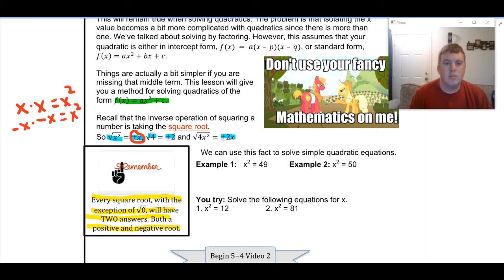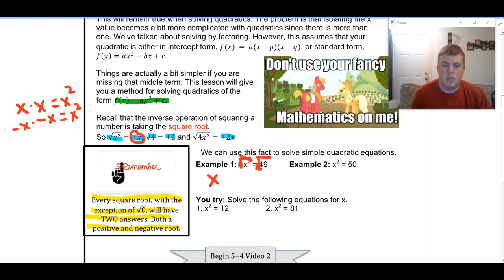So let's go ahead and look at some simple examples. In example 1, we are given x squared equals 49. Notice that we have the x squared all by itself. So all we are going to do is undo that by taking the square root. So I take the square root of x squared, and those are going to cancel out and just give me an x.